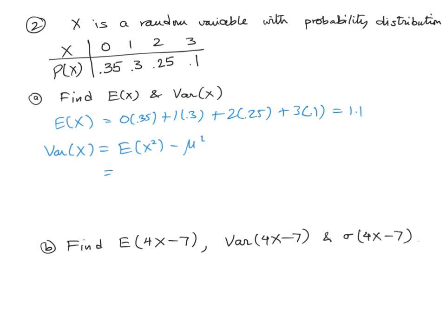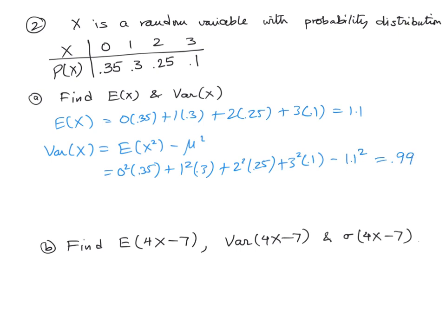So that's going to be 0 squared times 0.35 plus 1 squared times 0.3 plus 2 squared times 0.25 plus 3 squared times 0.1. And then finally, I need to subtract off mu squared. But remember, mu is just the expected value of x, which I calculated already. So minus 1.1 squared. And when I'm done, I end up with 0.99.